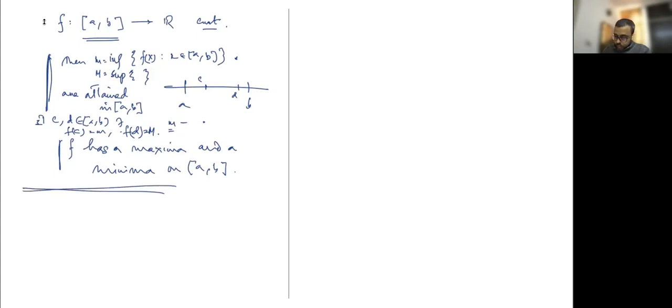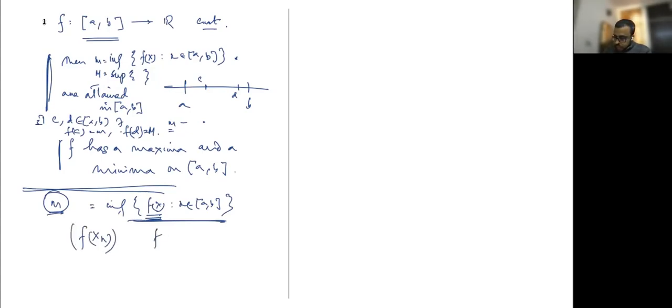So roughly the proof went as follows. Let's say we are talking about small m, the infimum of the range. First you get a sequence in this set which goes to small m. Any sequence here in the range would look like this.